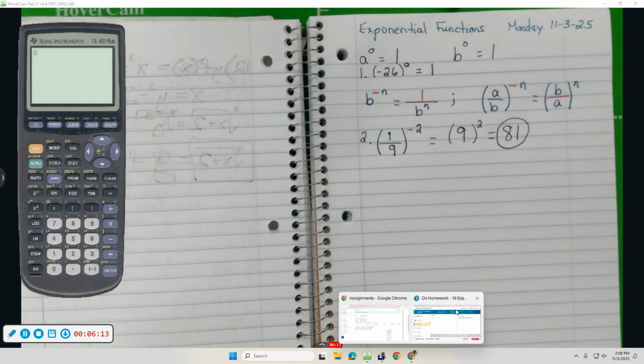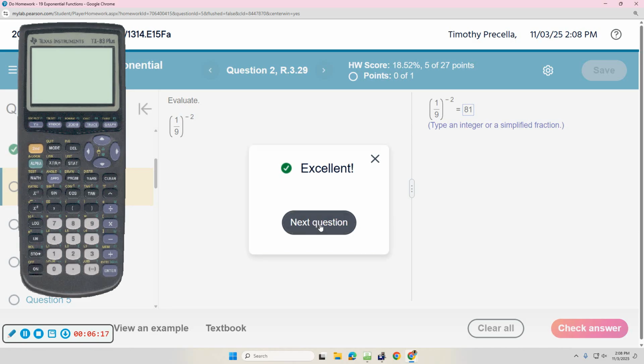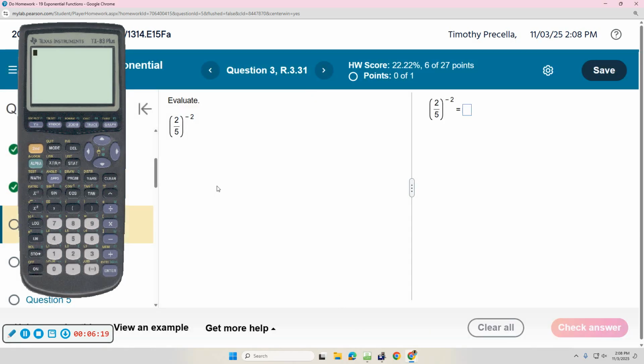What about number 3? This one won't be quite as clean as the previous one. 2 over 5 to a negative 2 power.